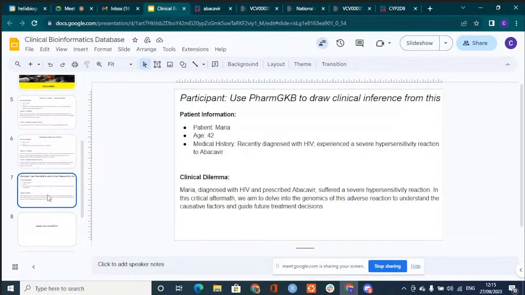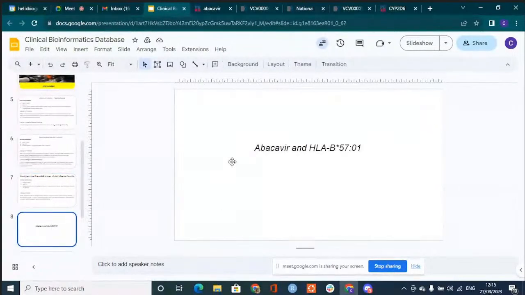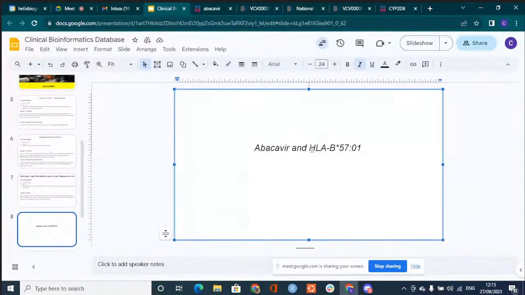That means Abacavir should not be used for this patient because she's expressing HLA-B 5701, right? This drug should not be used for that patient because she's allergic to Abacavir due to expressing this particular HLA-B 5701. HLA-B 5701 is an MHC class one allele, one of the alleles from MHC class one.